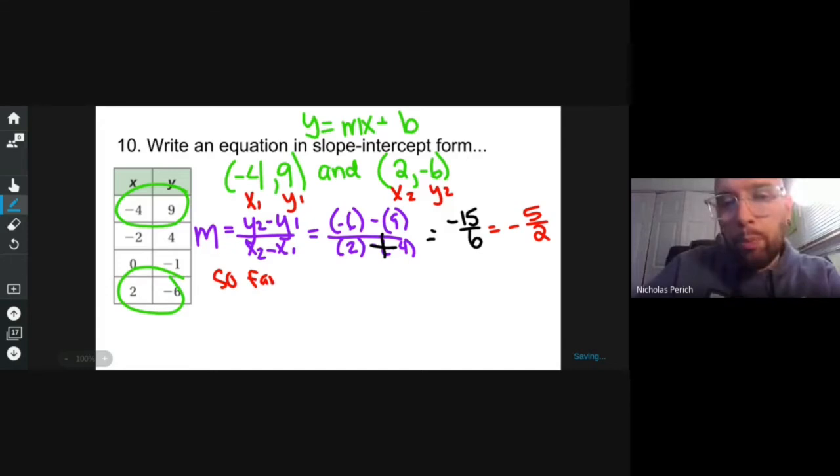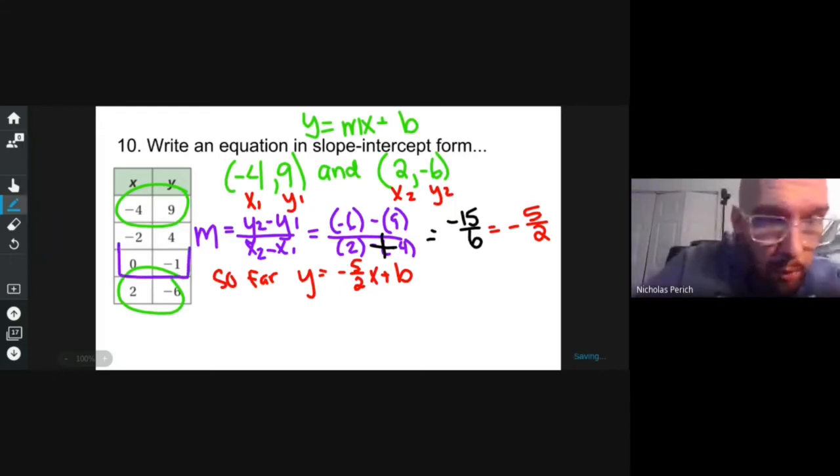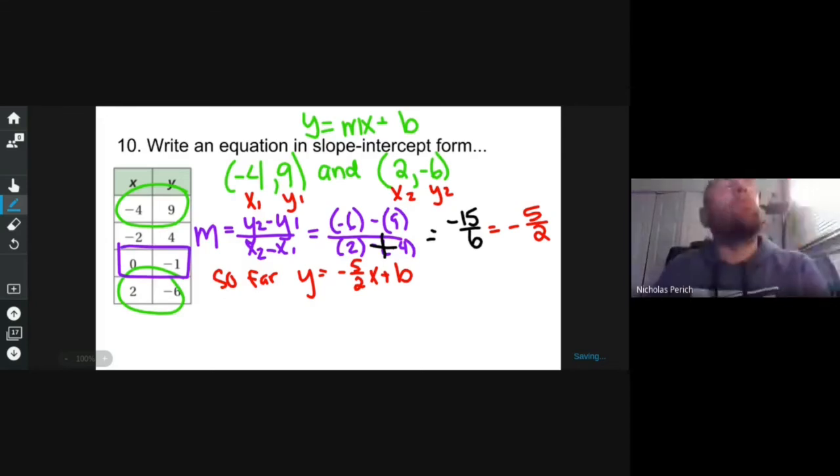So what I have so far is y equals negative 5/2 x plus b. Let me see. B is my y-intercept. Look! My y-intercept happens when 0 is x, and 0 is x right there, which means you are my y-intercept.